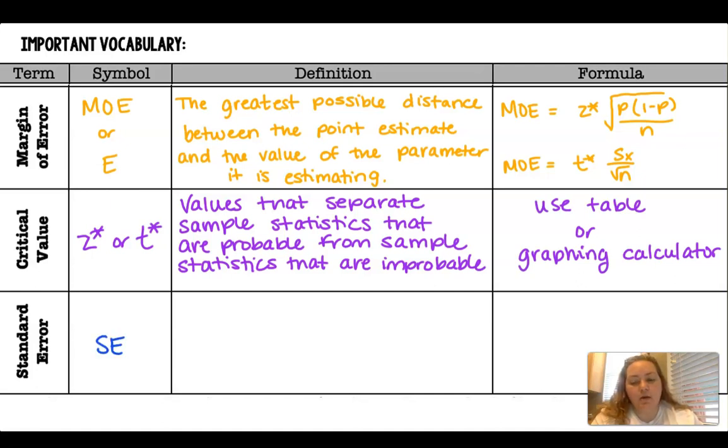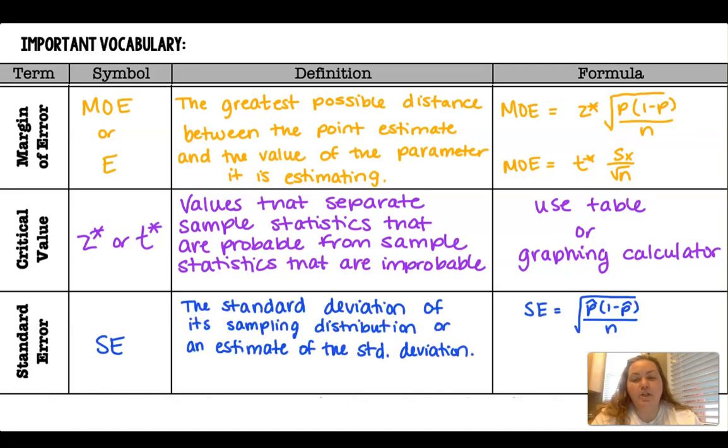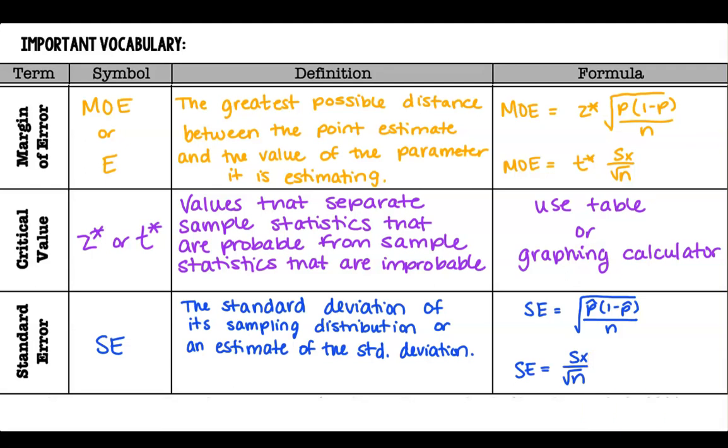And then the standard error, abbreviated SE, is the standard deviation of a sampling distribution, or an estimate of the standard deviation. Basically, you're finding the standard deviation from a sampling distribution, and we call that a standard error. So that would be the square root of P hat times 1 minus P hat over N when you're working with proportions, or the sample standard deviation over the square root of N when you're working with means.